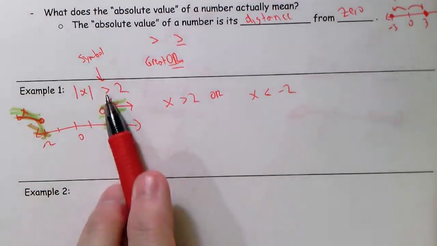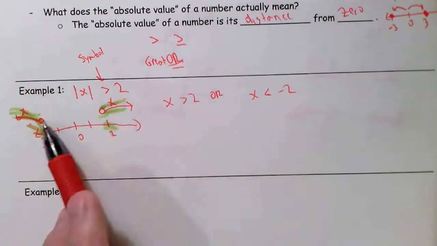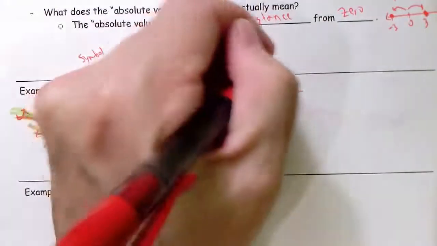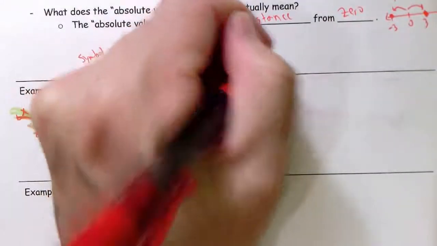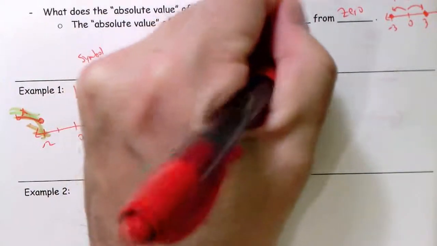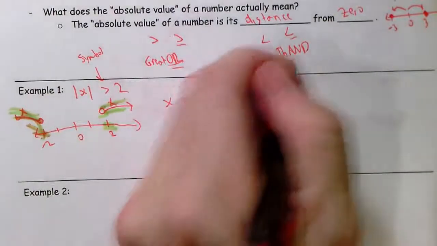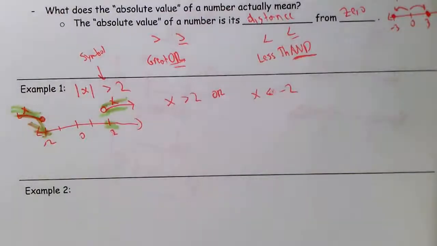Notice here I had a greater sign, making this an or compound sentence for the two parts that I wrote here. But if you have an and, if you have a less than sign, less than is an and compound sentence. And we'll look at one of those in a second.